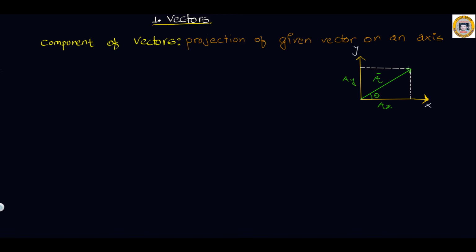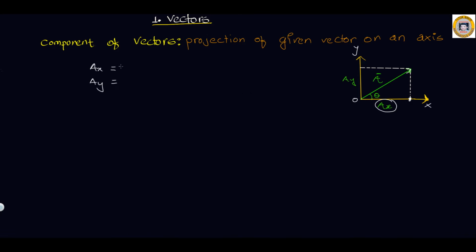The projection of this vector onto the x-axis, this one over here, is known as the x component of the given vector A. Similarly, the projection of this vector A onto the positive y-axis is known as the y component of this vector A. So Ax and Ay are our components of the vector on the x-axis and y-axis.